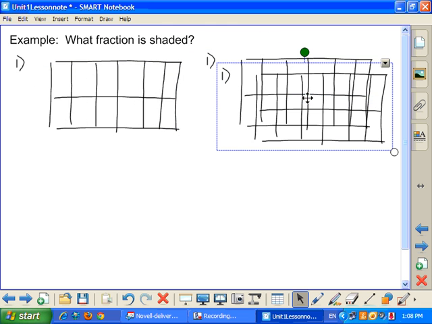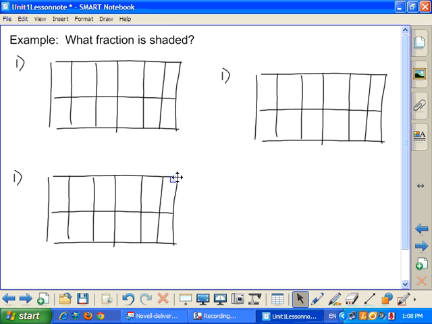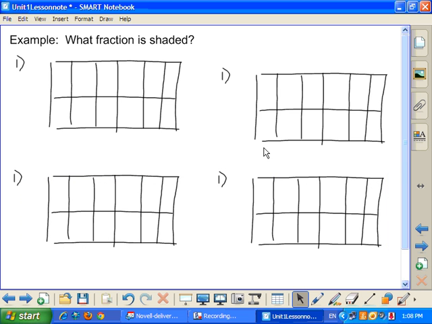Maybe clone it again. And do a couple of examples with it. Maybe one more. And clone. There we are. Okay, first example. So, such nice coloring. That was my best subject when I was in elementary school. Coloring. Okay. So what fraction is shaded here?